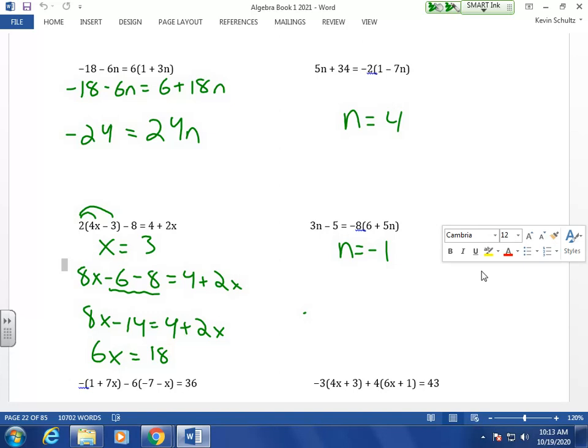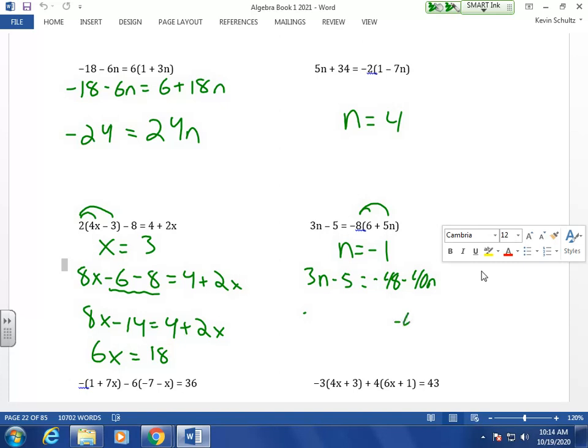Yeah. Sure. Second one. So for this one, the left side you're not going to do anything with yet. Just says 3n minus 5. Then when you distribute in the -8, it's going to be -48 minus 40n. Did you move your n's to the left or the right? Okay, so we're going to subtract 3n from both sides.